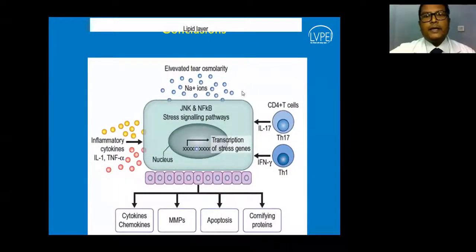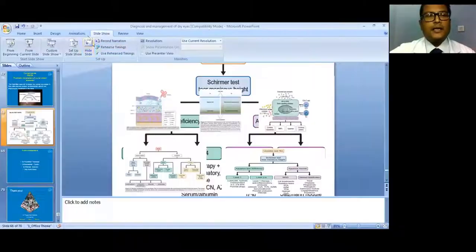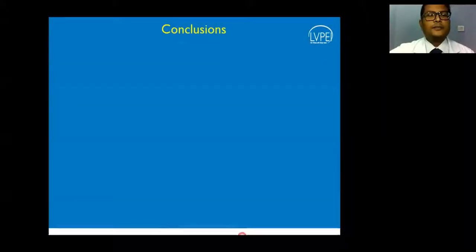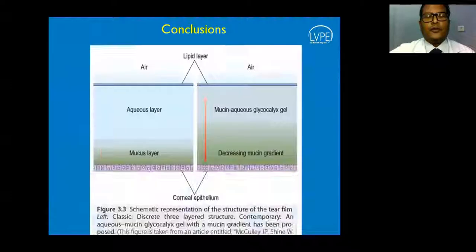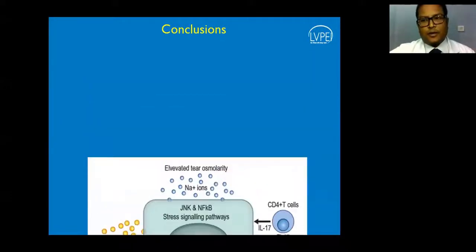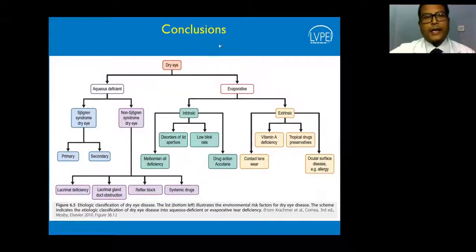The elevated tear film osmolarity is the central mechanism for ocular surface damage, and dry eye can be categorized into aqueous deficient or evaporative dry eye.